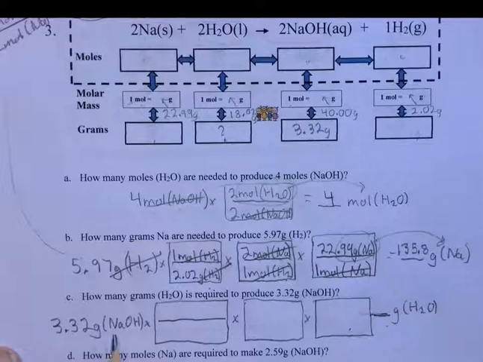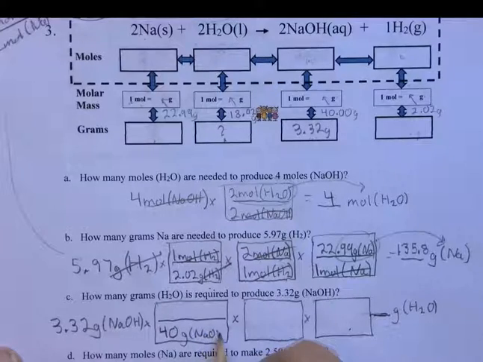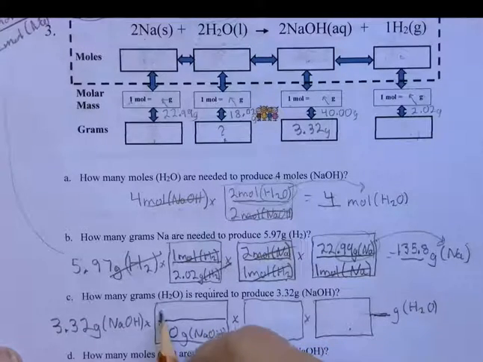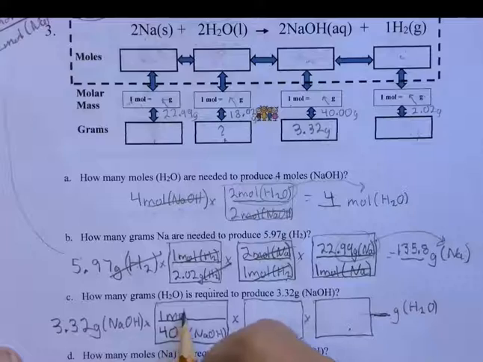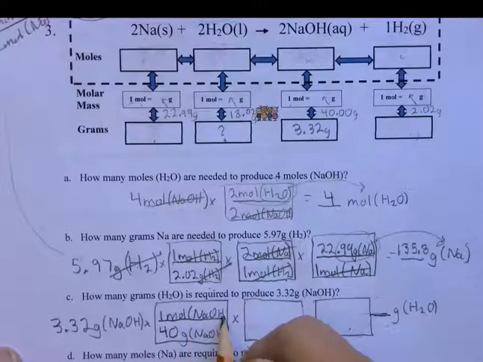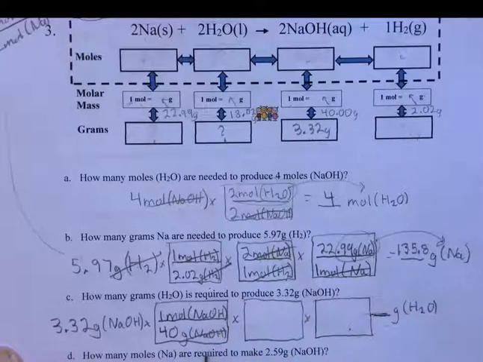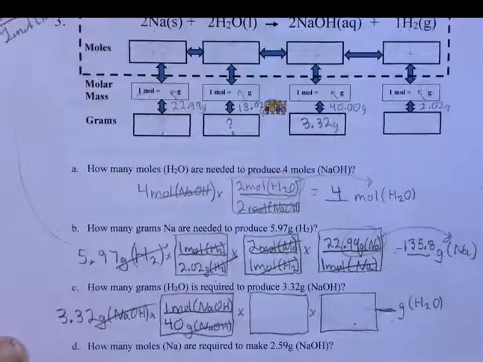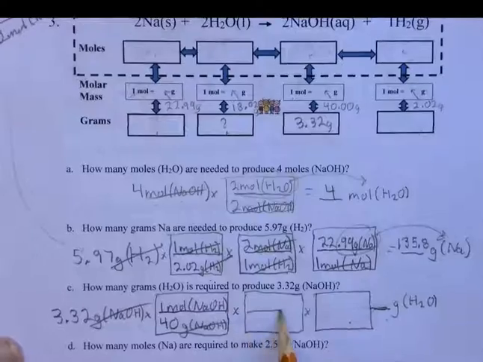The answer is we need grams of sodium hydroxide to cancel, so we put the 40. I'm going to be a little lazy and avoid the decimal points there. 40 grams of sodium hydroxide. And on top, therefore, we have our 1 mole. It's a molar mass conversion. It's always 1 mole. And grams cancels with grams up here, and we've taken care of our first conversion.